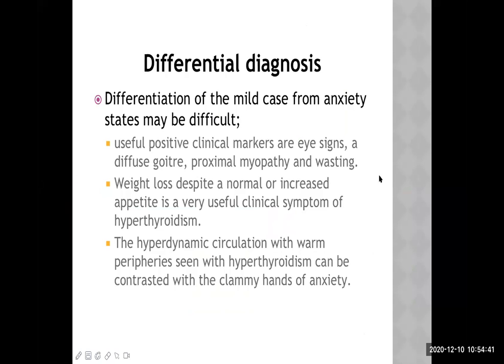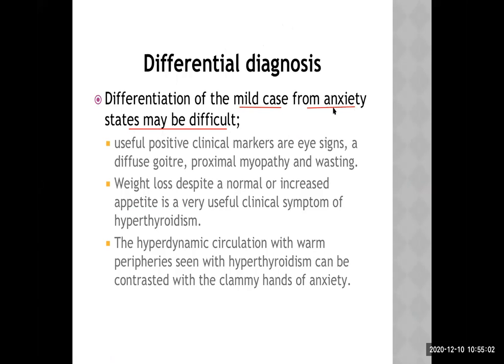Now, what are the differential diagnoses of hyperthyroidism? The important one. Let's talk about it. The differentiation of the mild case from anxiety state may be difficult. I already talked about this, but let me repeat again because this is an important one.